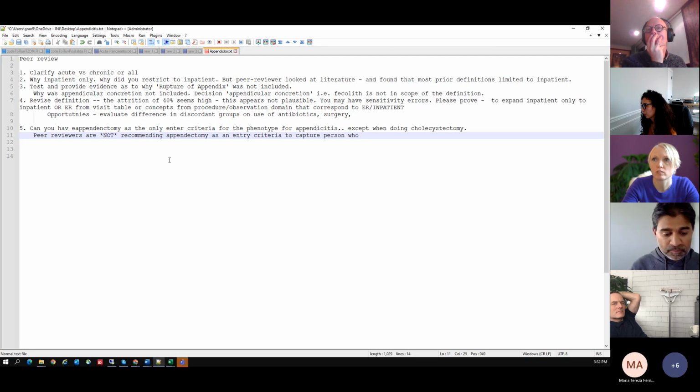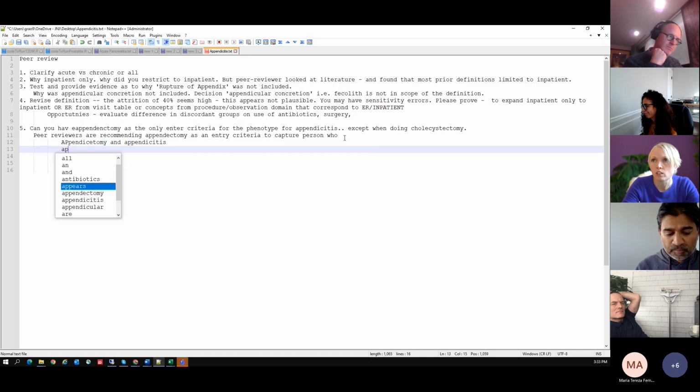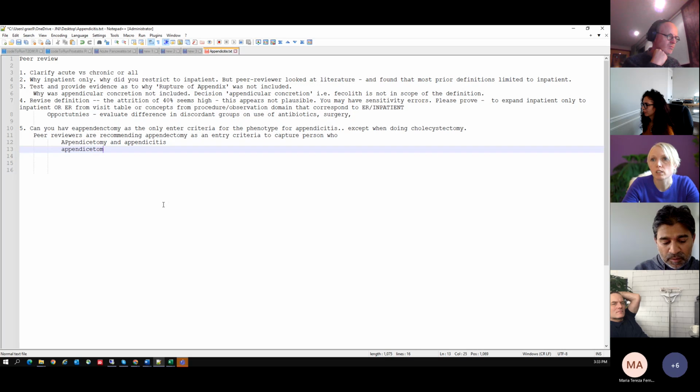Sure. Do we also have, in addition to ER and inpatient as visit types, visit types for surgery and anesthesia in the data sets? Because these are two other types of encounters that probably have high correlation with appendicitis treatment.